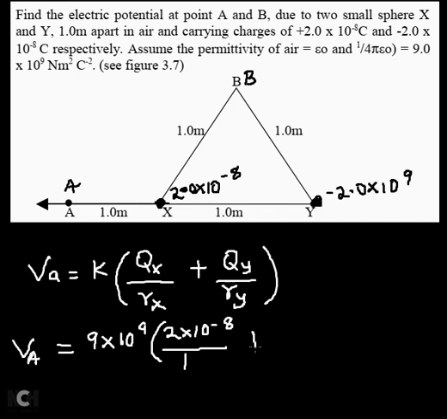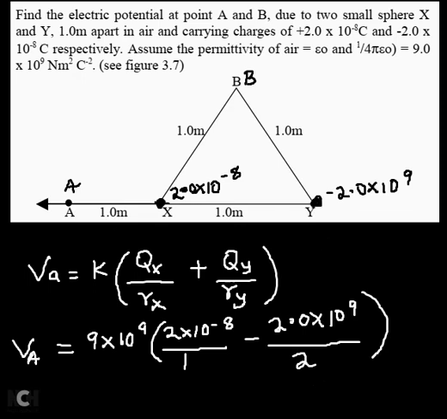Then plus the charge at Y. The charge at Y is already negative, so it affects this plus here and gives me minus 2.0 times 10 raised to the power of minus 8. Then the distance from Y to A should be 2 meters, 1 plus 1.